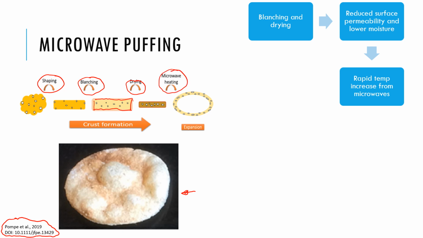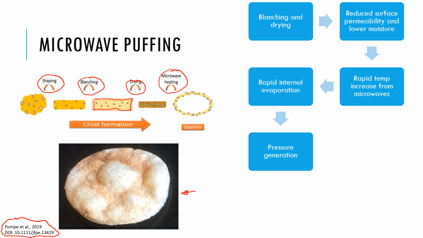When we put it in the microwave, we have this rapid temperature increase and rapid internal evaporation. And so that is going to cause pressure generation, because the vapor is being produced faster than it can leave, and that's because the surfaces have been made somewhat impermeable.